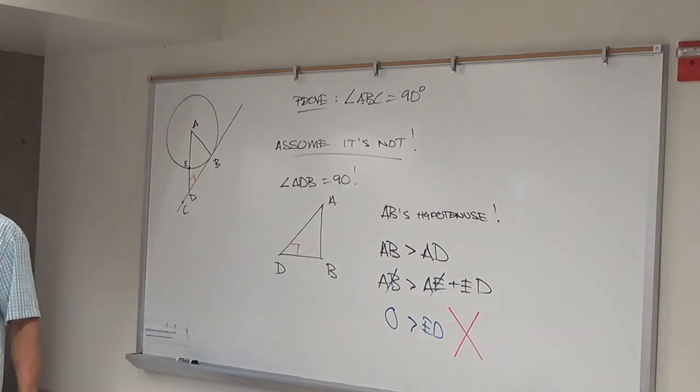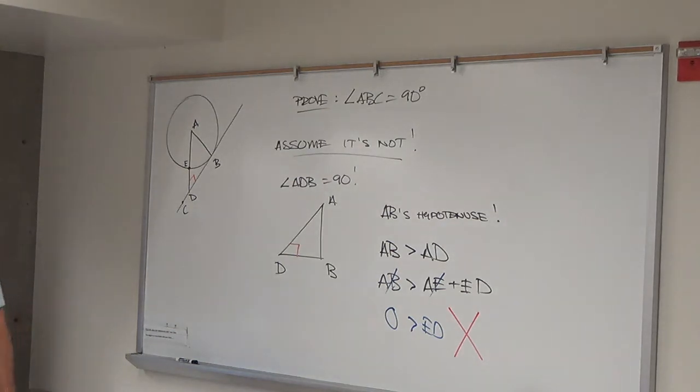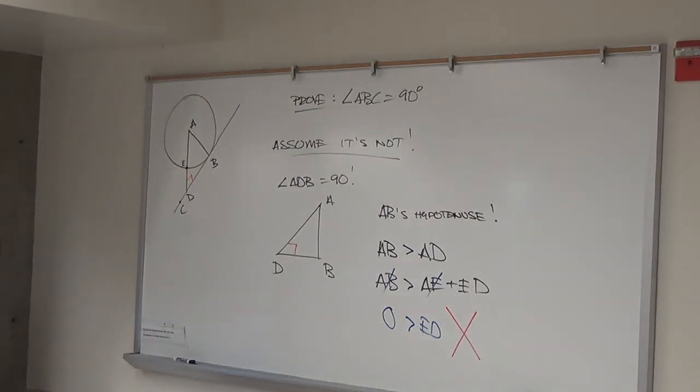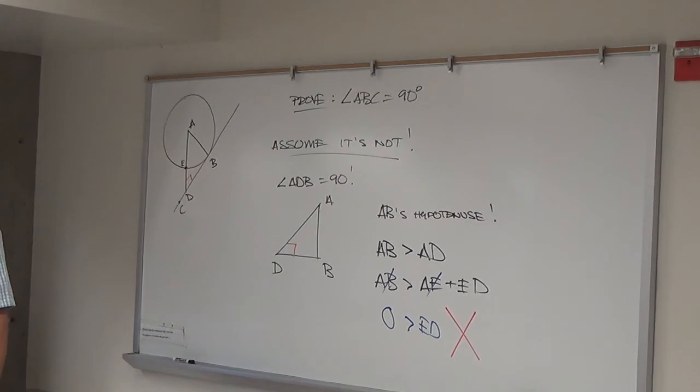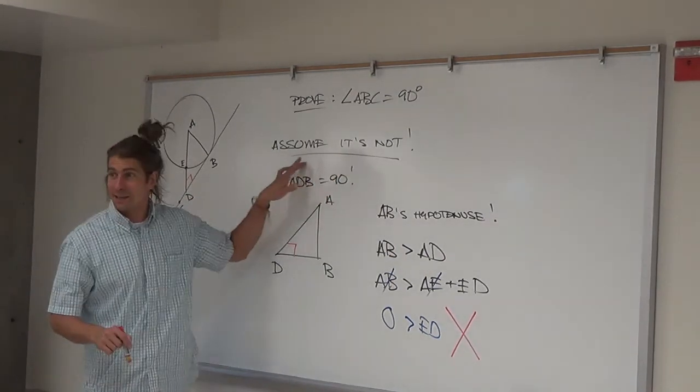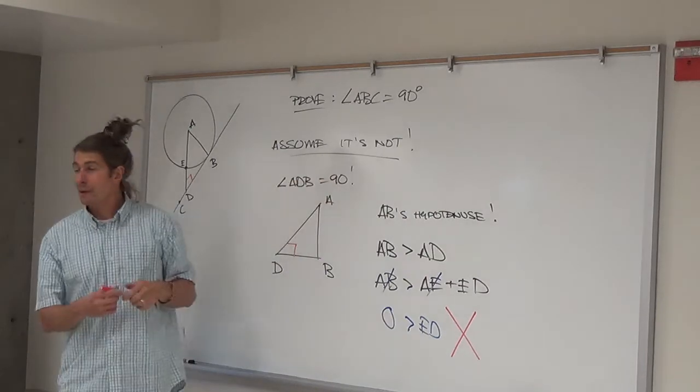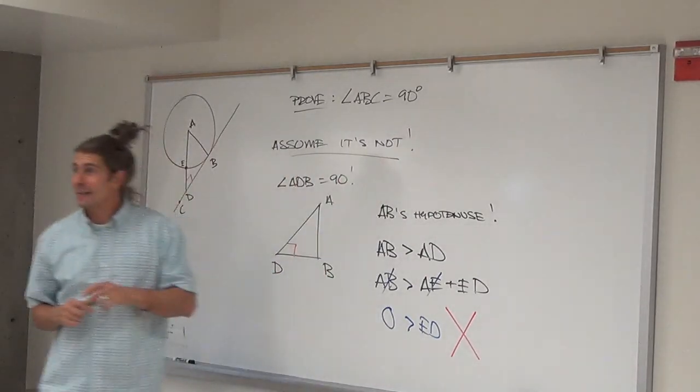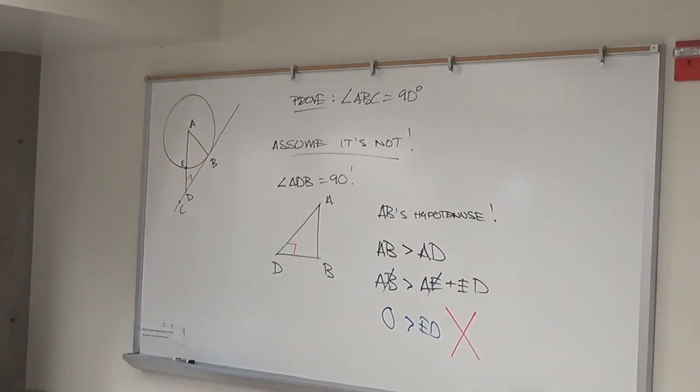We proved that it can't not be 90 degrees. Therefore, if it can't not be some other measurement, the only measurement left is 90. Which means we proved that it has to be 90 essentially by disproving everything else. That's a proof by contradiction.